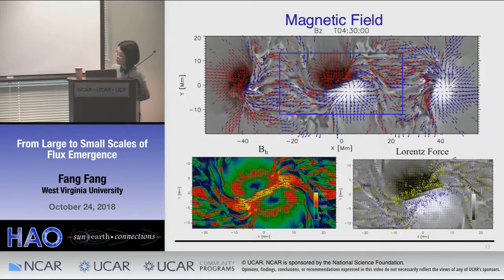The horizontal field approaches several kilogauss at the polarity inversion line here. And if we study the Lorentz force, on the right side it shows the Lorentz force being pushed away at the polarity inversion line, but at the two ends there is Lorentz force pushing these two opposite polarities together.